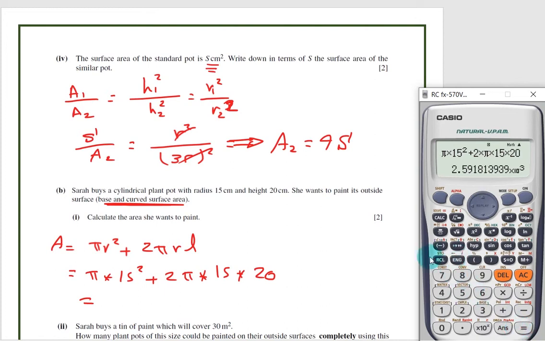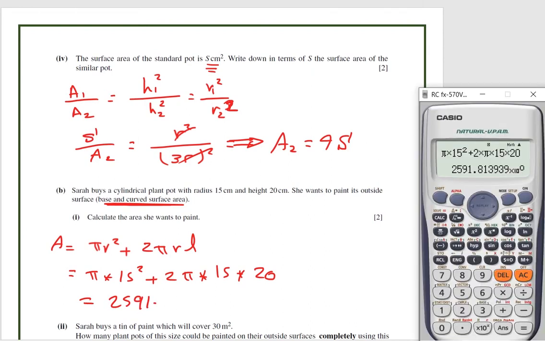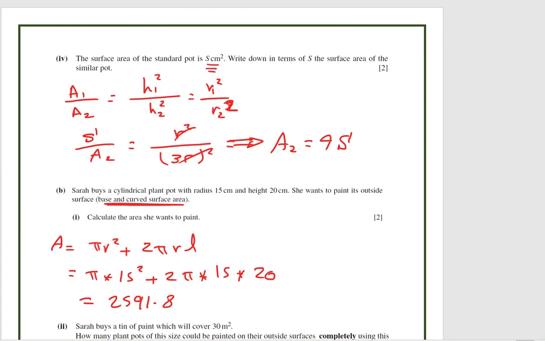So the total area is equal to 2591.81, which is equal to 2592 centimeters squared. Okay.